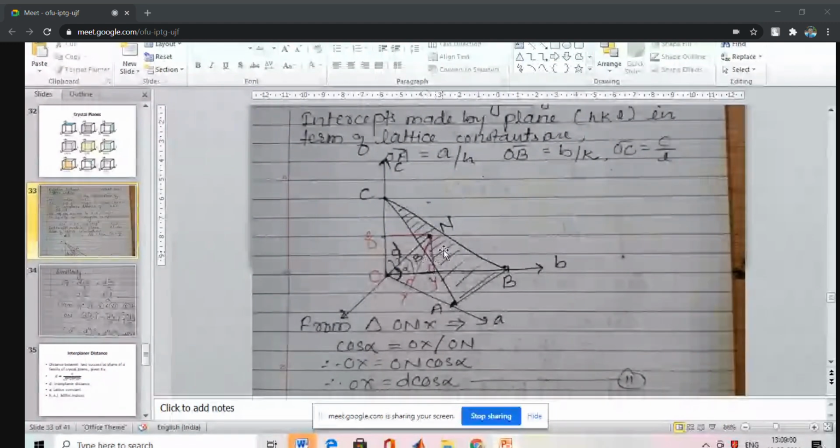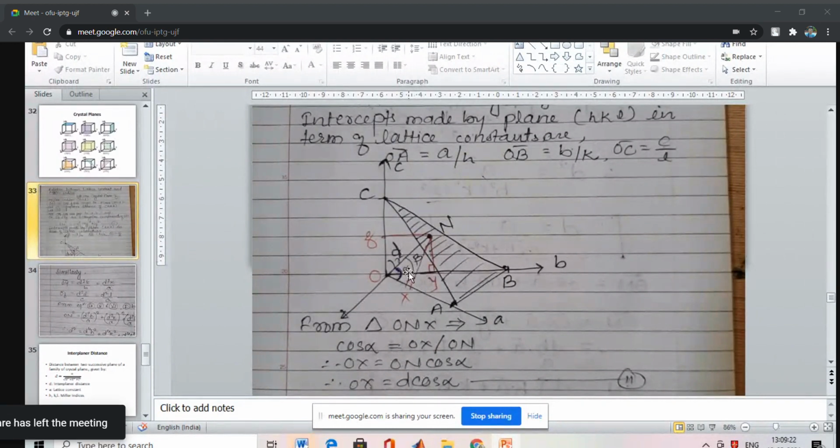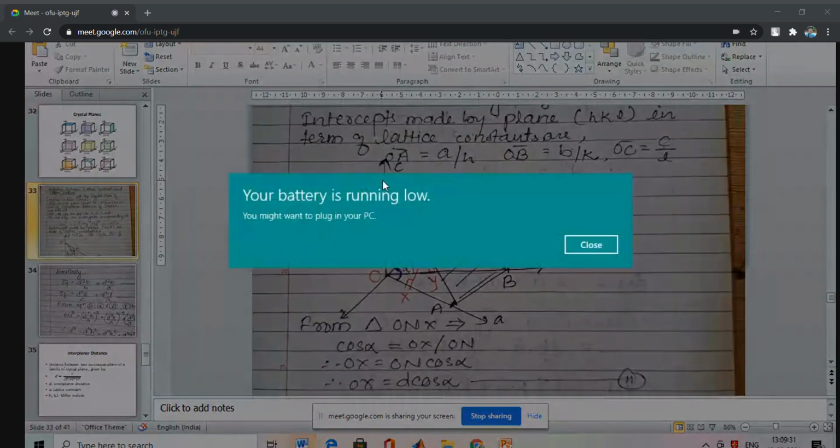You can do the same calculations, you will get OY. Similarly, OZ can be given by right angle triangle OZN and ONC. By the same way, only the angles change: instead of alpha for OX, for OY it will be beta, the angle between axis B and the ON. For OZ, this angle will be the angle between ON and axis C.